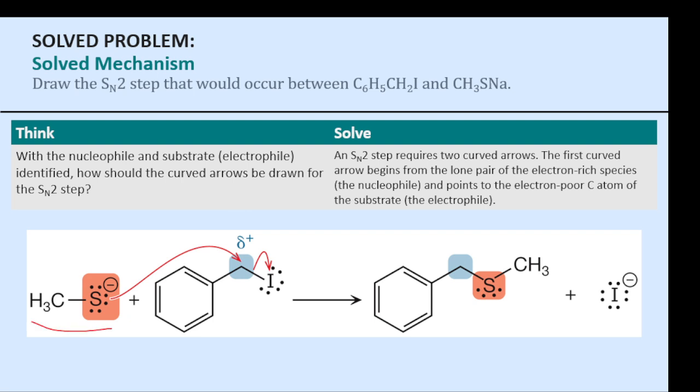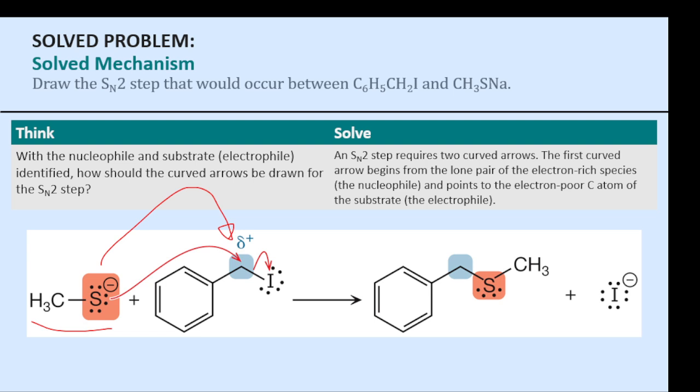This right here, we termed the substrate before, but this is also an electrophile. That carbon there is an electrophile. So we have this negatively charged sulfur. It has 3 lone pairs. We take one of those lone pairs and attack the electrophile carbon.